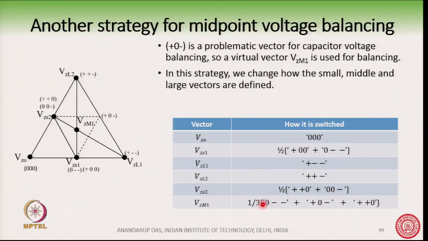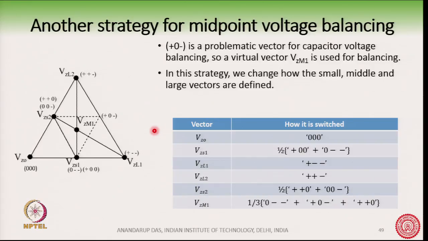We are generating it by switching 1/3 of 0 minus minus, that is this one, plus 0 minus, that is this one, and plus plus 0, that is this one. Okay. So, by switching plus plus 0, plus 0 minus, and 0 minus minus for 1/3 durations of time, we get the V z m 1 vector. Okay.